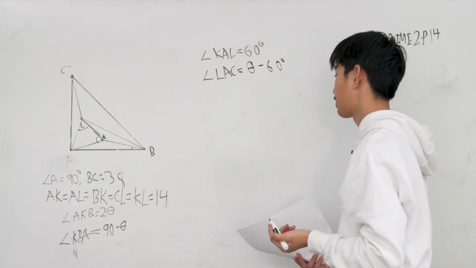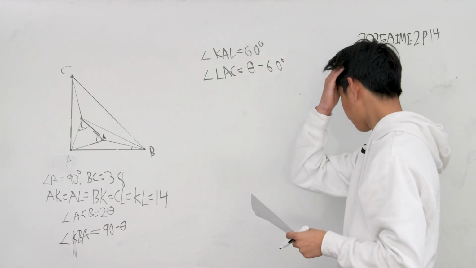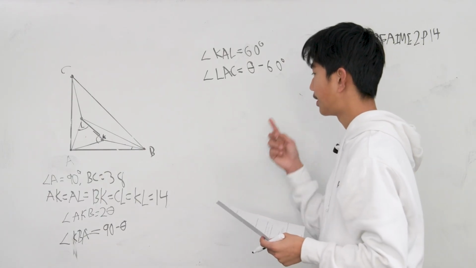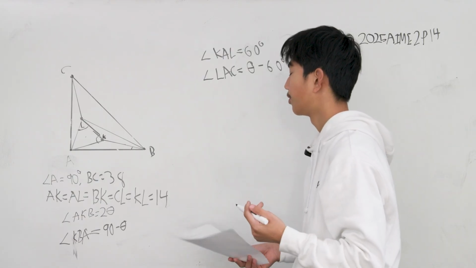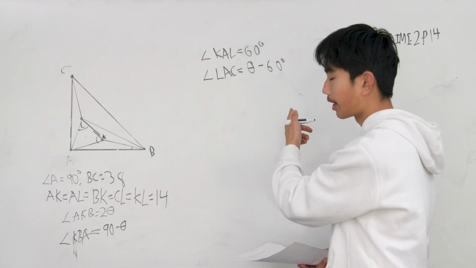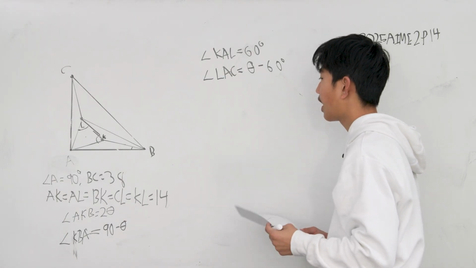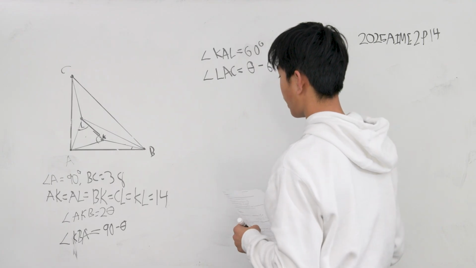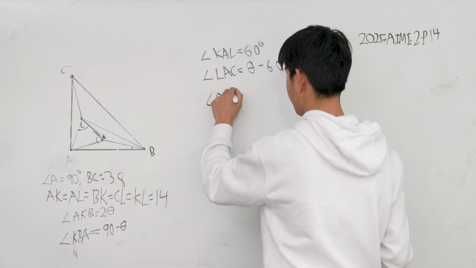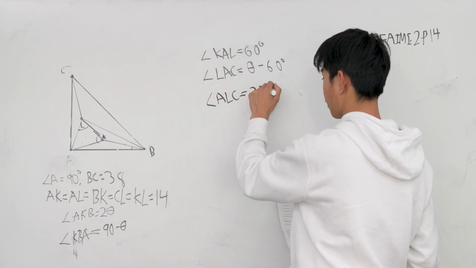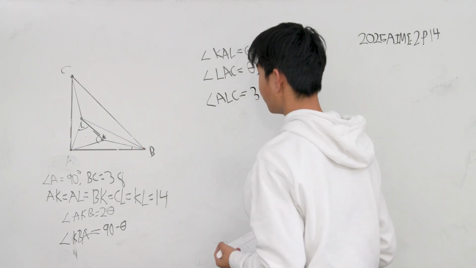So theta obviously has to be greater than 60 for this to be possible. We know that LAC is theta minus 60. So we have this property right here. And what we can notice is that angle ALC is 300 degrees minus 2 theta, the angle right here.